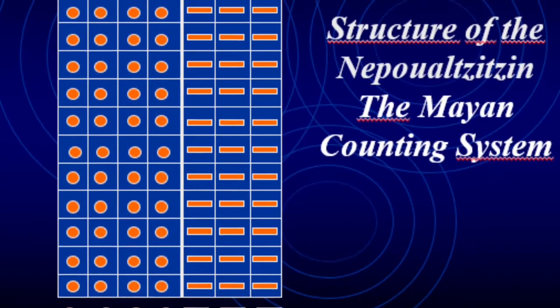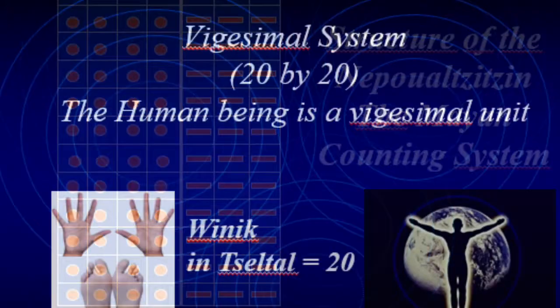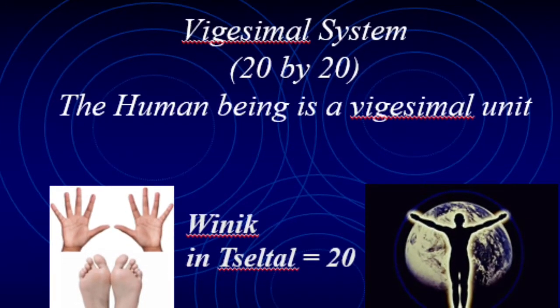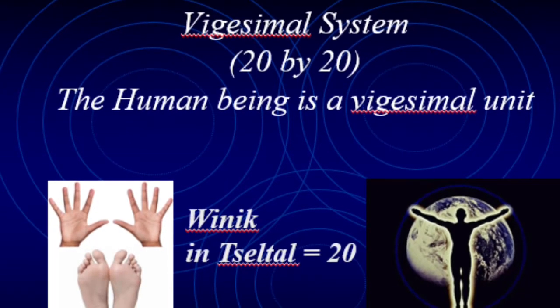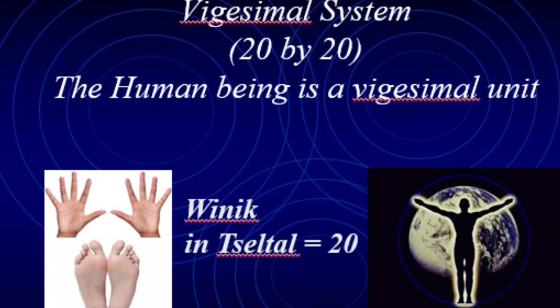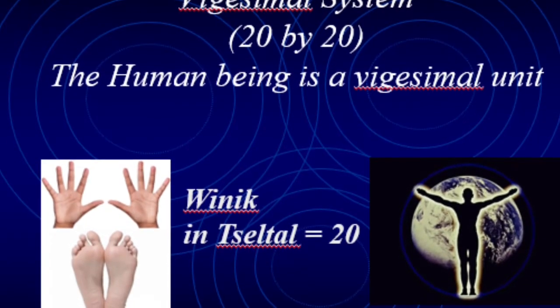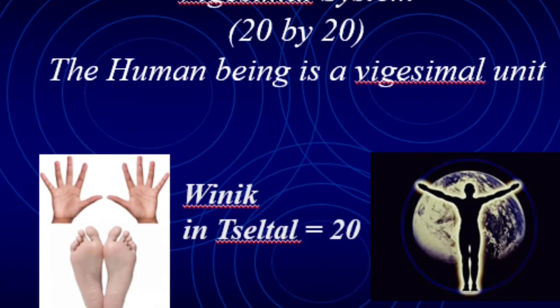But you have to remember that this is a vigesimal system, which means counting from 20 by 20 and not from 10 by 10. This is very interesting, for example, in some of the Mayan languages.